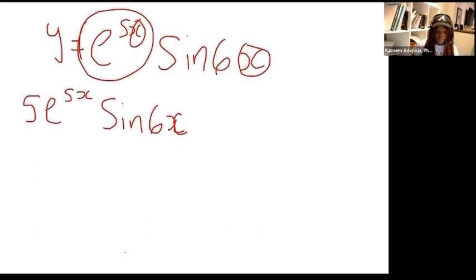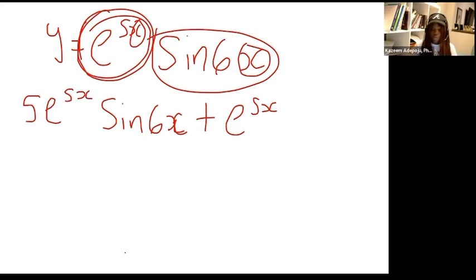Since it's a product rule, we're going to put a plus, and when we put a plus, we write this down without differentiating it. And then we differentiate sin 6x. Super easy, guys. Just like what we've done other times, it's the easiest.